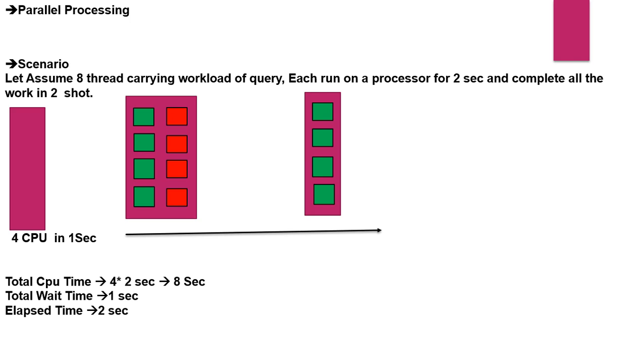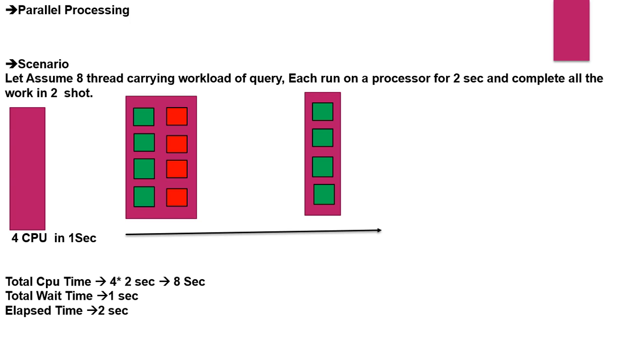As shown in the figure, the total CPU time is 8 seconds. Total wait time is 1 second: there is a red block in the starting second, a wait of 1 second for 4 threads. Total elapsed time is 2 seconds. Overall, the query executed successfully in 2 seconds.